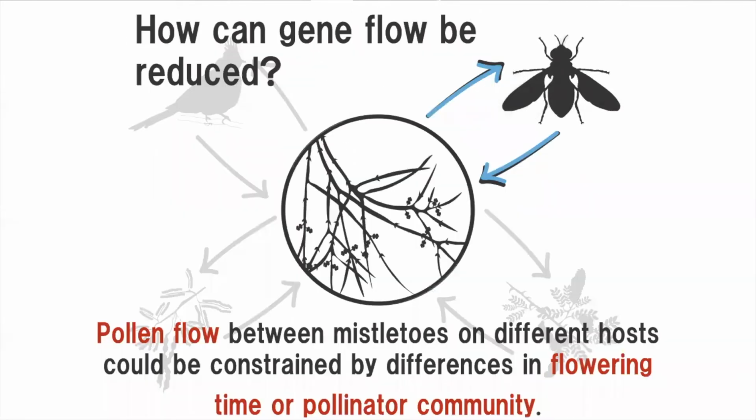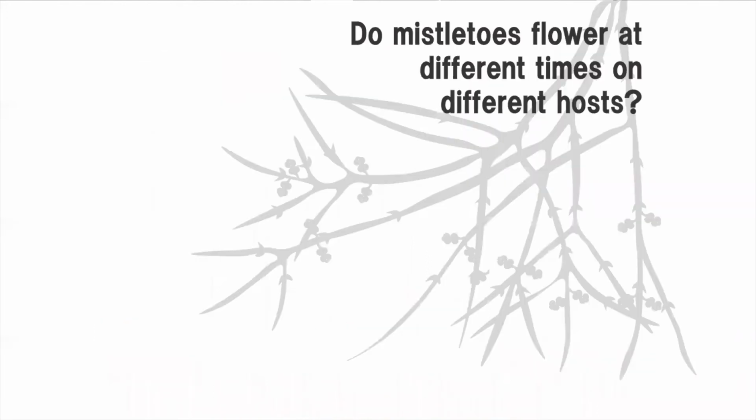So pollen flow between mistletoes on different hosts could be constrained, and therefore population structure could be maintained if there are differences in flowering time or in the pollinator community that visits mistletoes on different hosts.